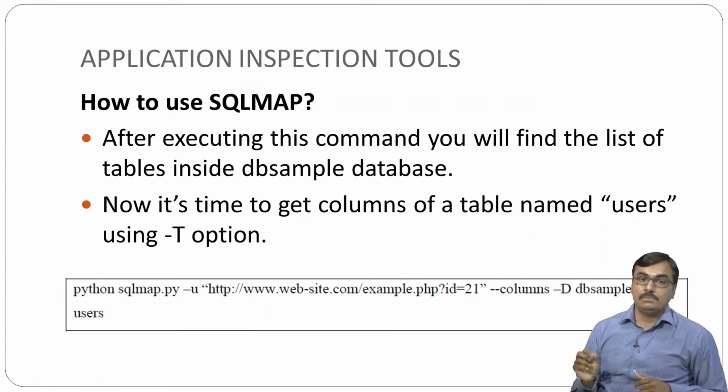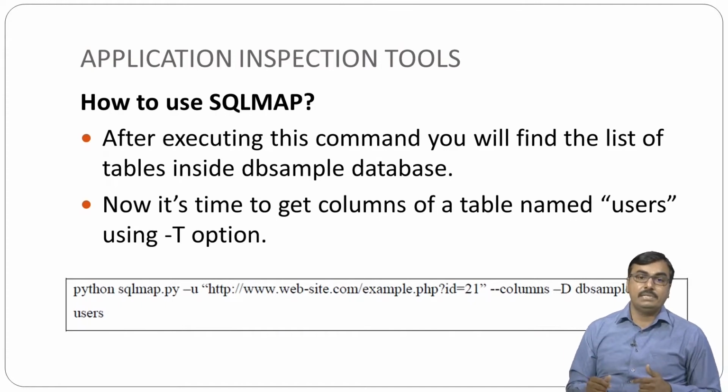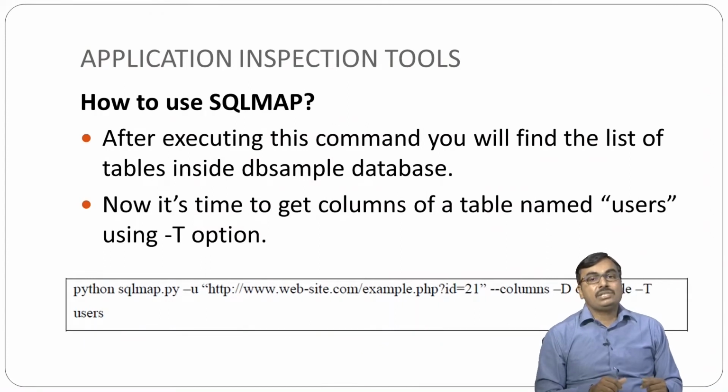The --columns option is the appropriate parameter for retrieving the list of columns available in the users table in our case. -D is my DB sample, and -T is an option, just like -D is used for the database, the same way -T is used for tables.